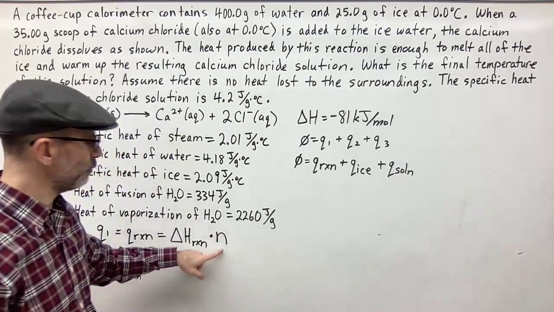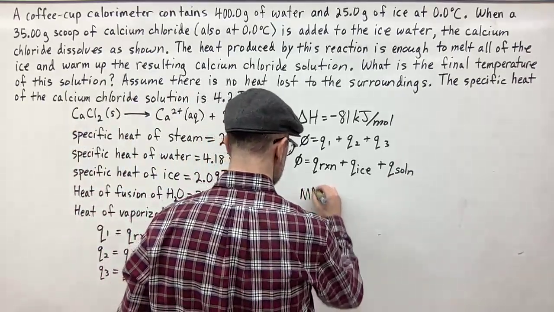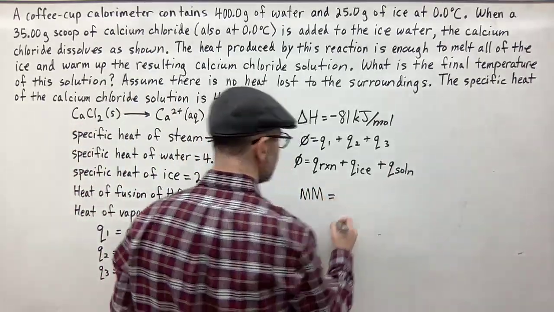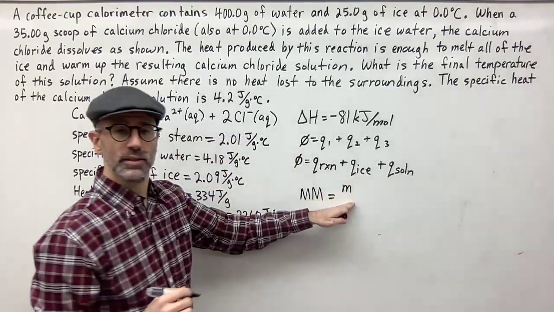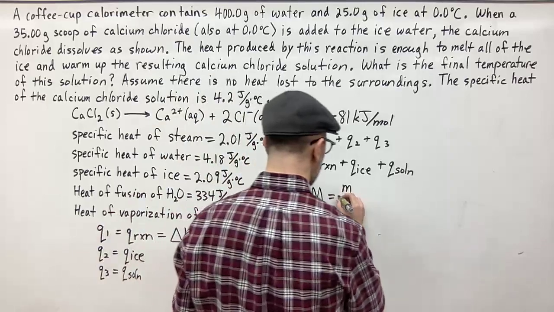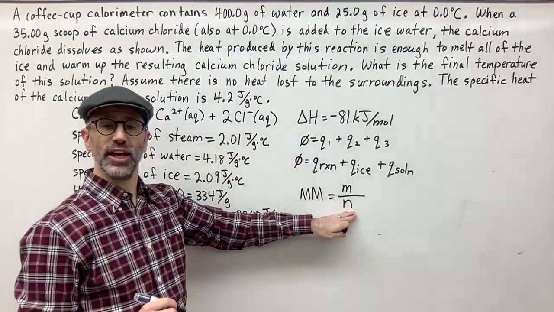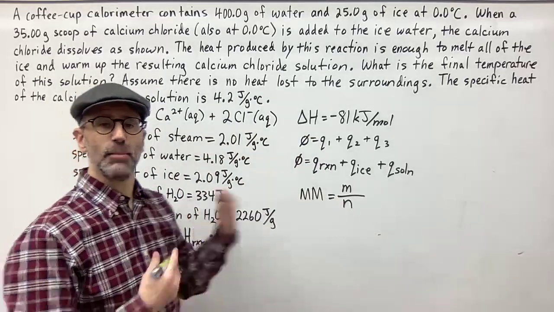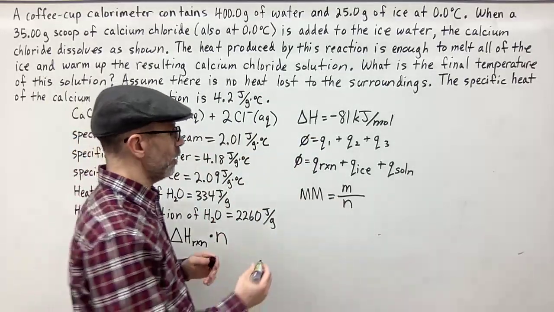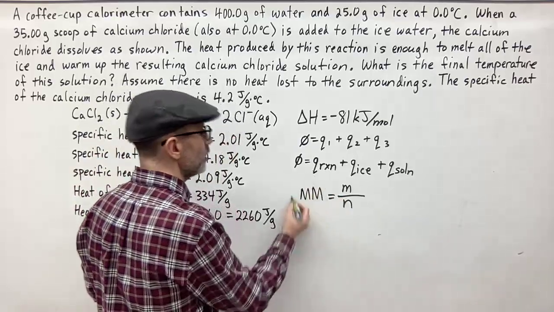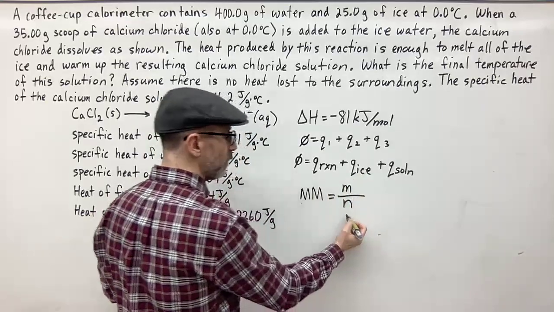Another way is, if you remember, what is molar mass? Molar mass is equal to the mass in grams divided by the number of moles, N. So molar mass is the number of grams per 1 mole, right? So here I have molar mass in terms of mass in grams divided by moles.